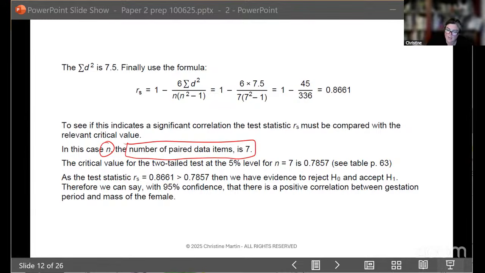So if we're looking at the paired t-test, it's n minus 1.